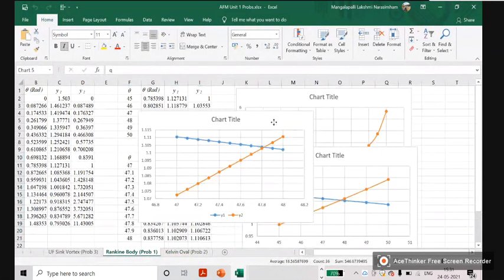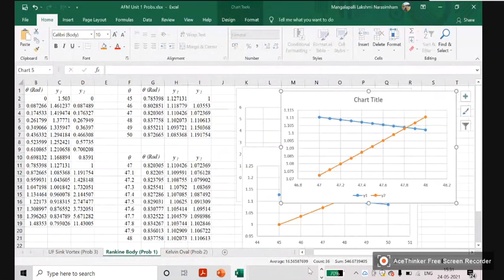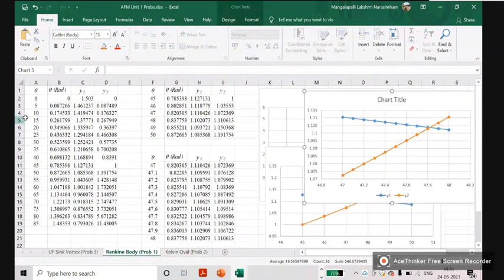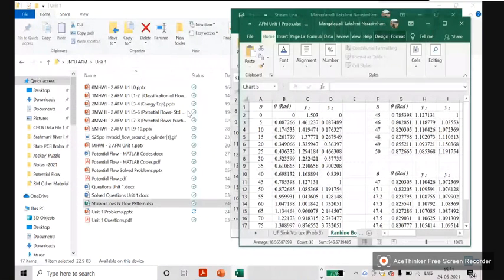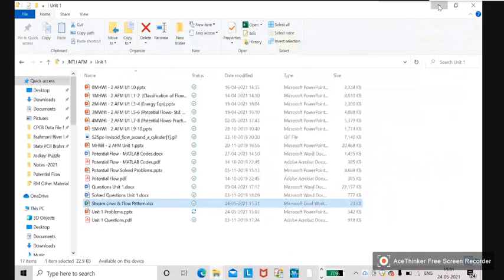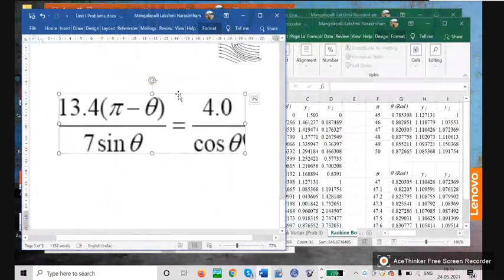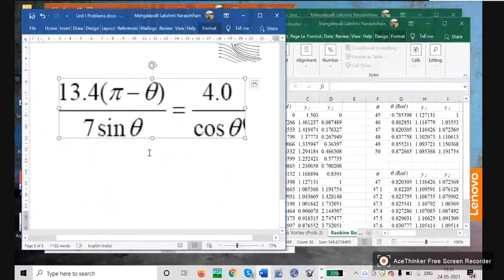See, this is how we have to solve this. Whenever we are having such equations, those equations are called transcendental equations. You cannot directly solve them. There is no closed form solution. So what you do is, you divide this into two parts.